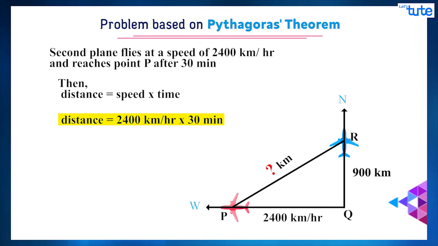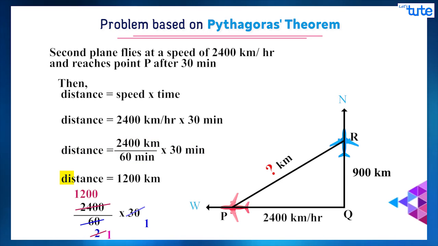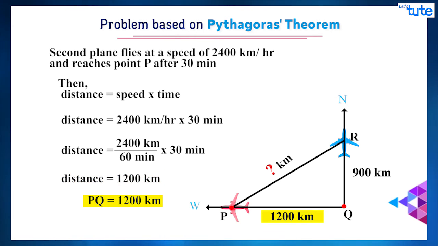Since 2400 km per hour is nothing but 2400 km per 60 minutes, we can say that distance is equal to 2400 km per 60 minutes into 30 minutes, which gives us distance is equal to 1200 kilometers. And so we can say that the distance between points P and Q is 1200 kilometers.